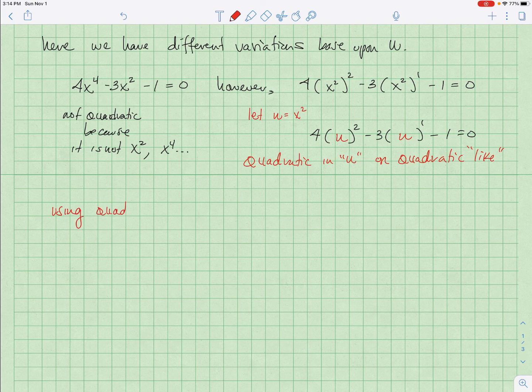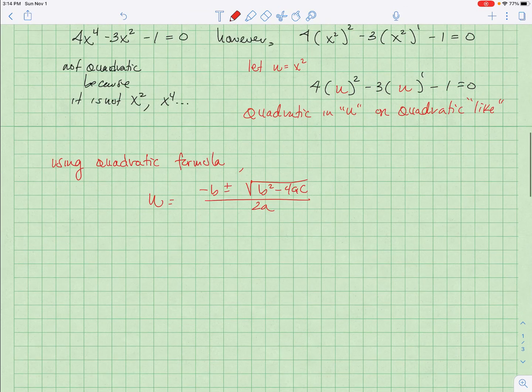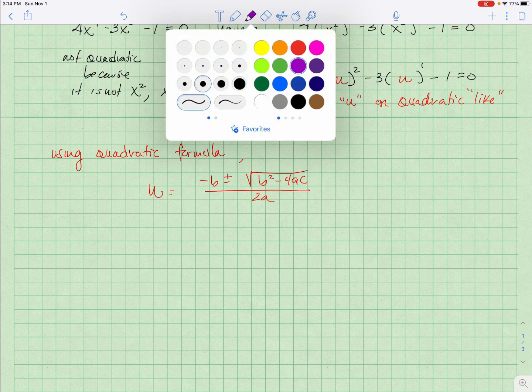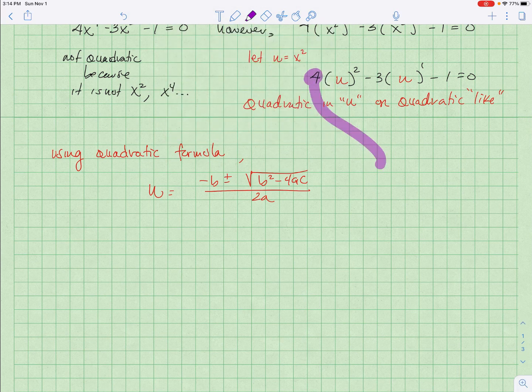Using quadratic formula. I know we factored this same one last time, but using quadratic formula, we have u is equal to negative b plus or minus the square root of b squared minus 4ac all over 2a, where in this particular case, oops, I need a fatter marker than that. Come on. There we go. Oh, that's a terrible color.